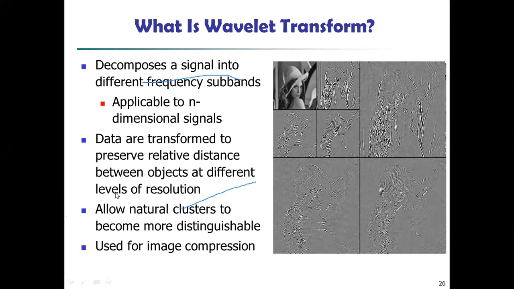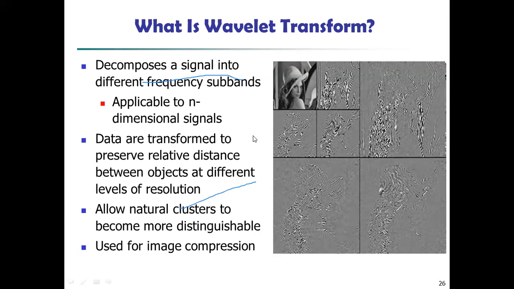Data here we have to represent. This is the original image, and this is the wavelet transform. You convert this original image like this, applying various dimensional signals. After applying them, we get the image like this. So that is decomposing a signal into different frequency subbands.